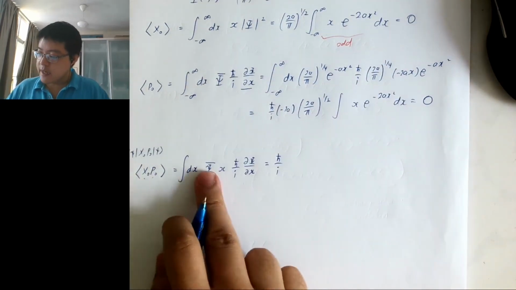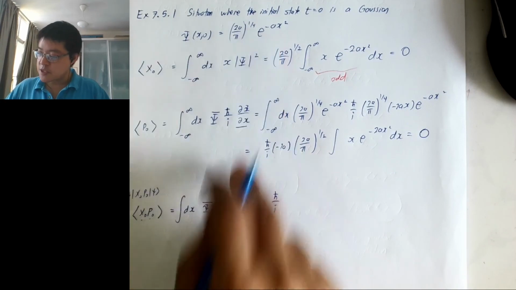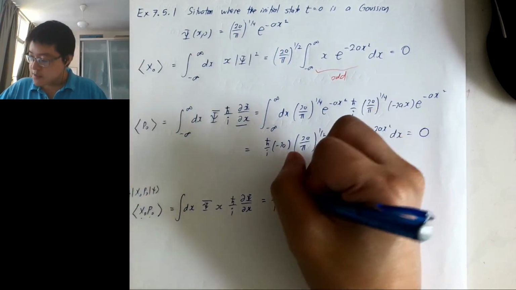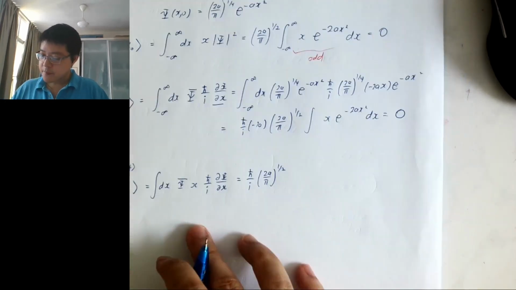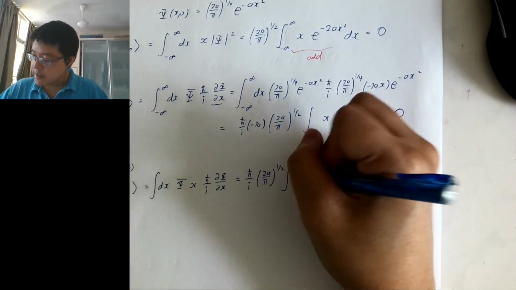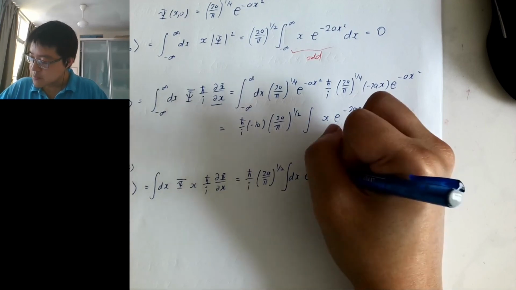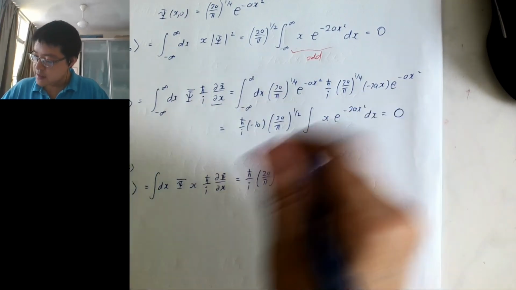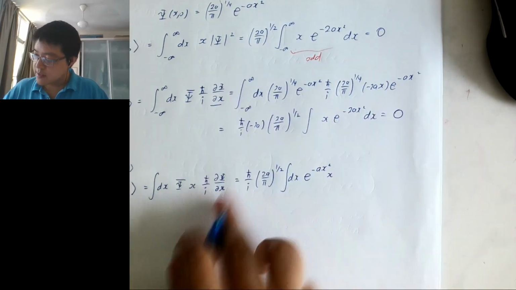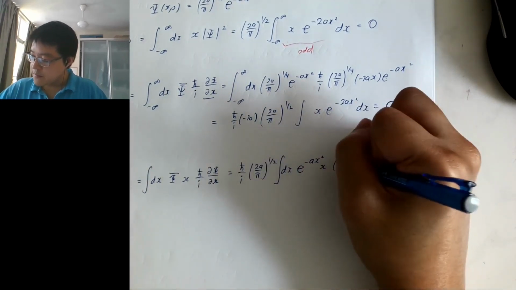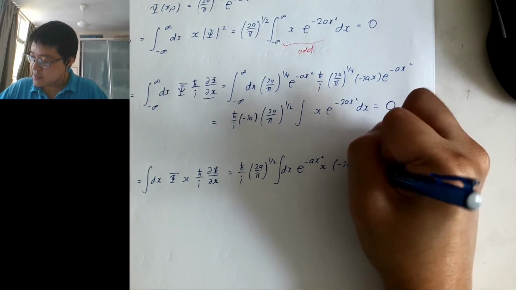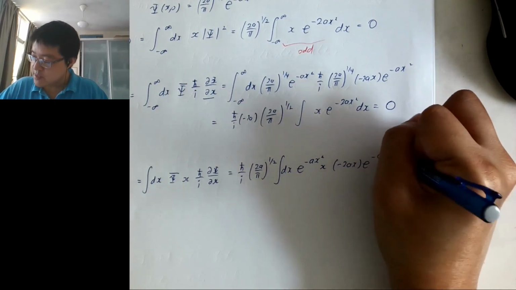The conjugate is still this exponential, and this one will have another factor, so I've got (2a over pi) to the half. Then I integrate dx, the exponential remains inside, and I've got the x here, and then the derivative of the function, so I've got minus 2ax e to the minus ax squared.